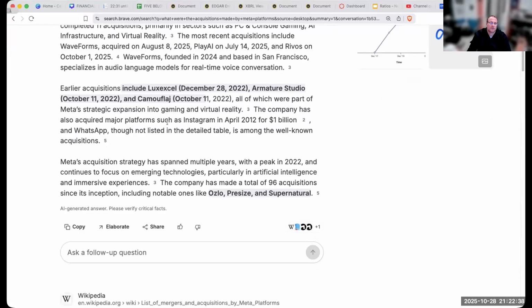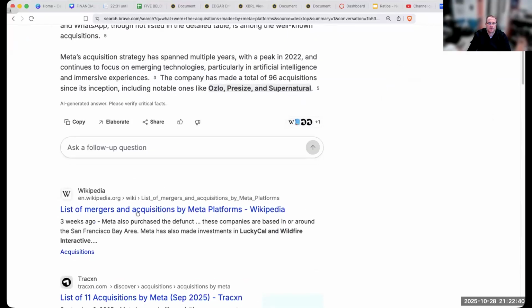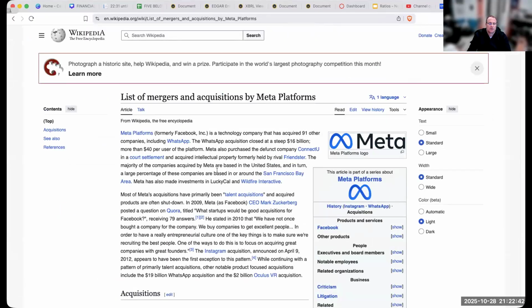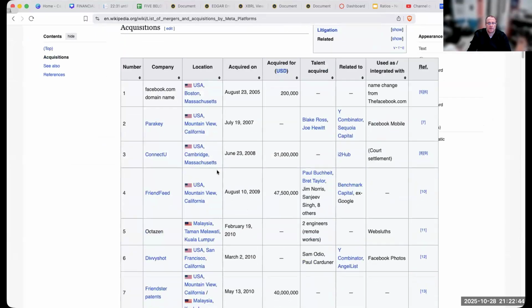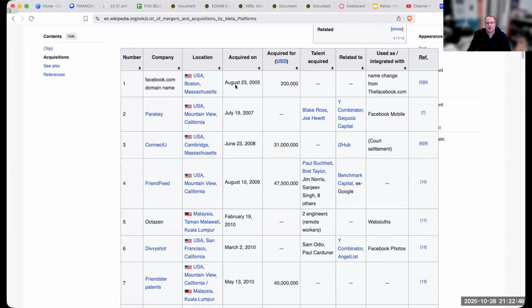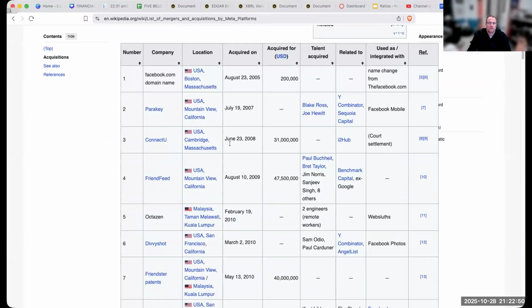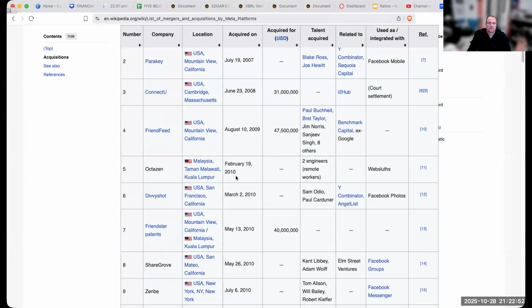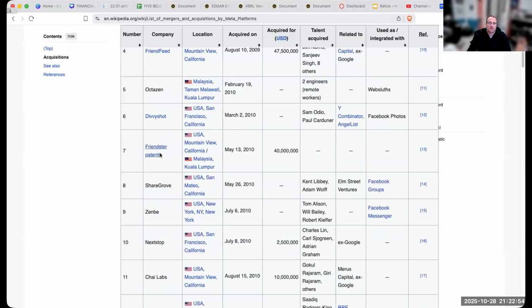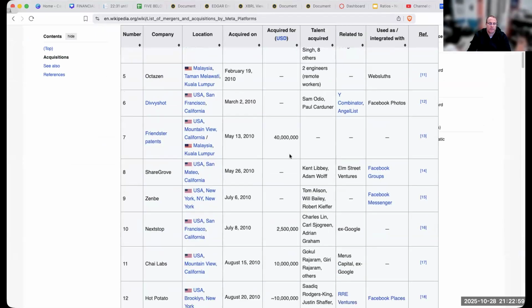So if you start looking back over here, let's do mergers and acquisitions. You've got Facebook.com, Parakeet, ConnectU, FriendFeed, Octazen, DivvyShot, Friendster for 40 million.